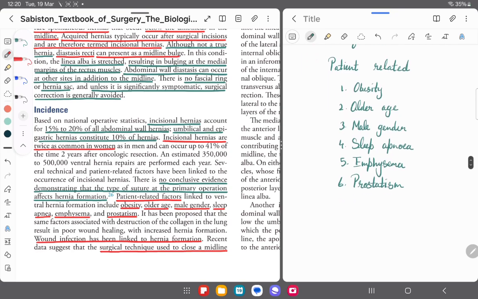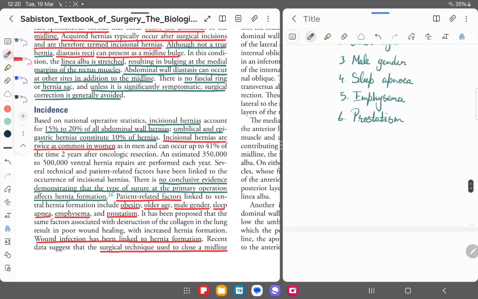So risk factors are first patient-related, and then we have wound infection. Wound infection is linked to hernia formation.